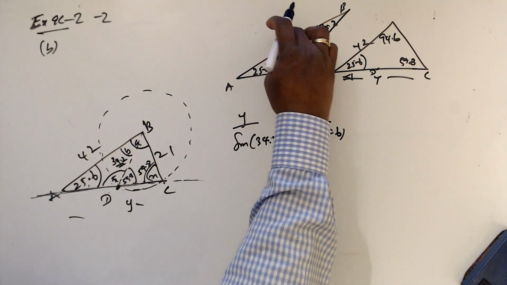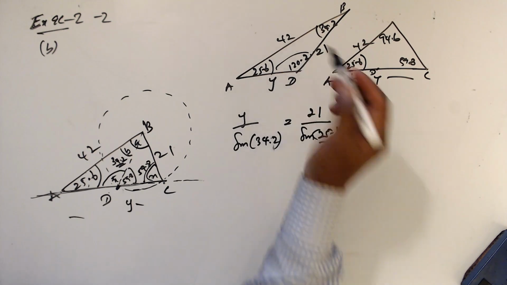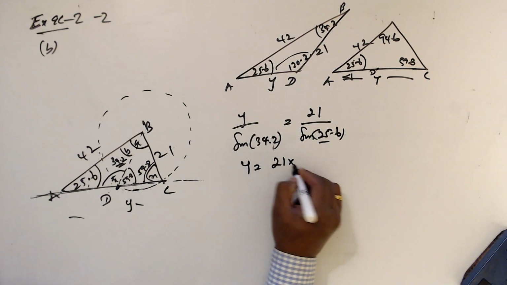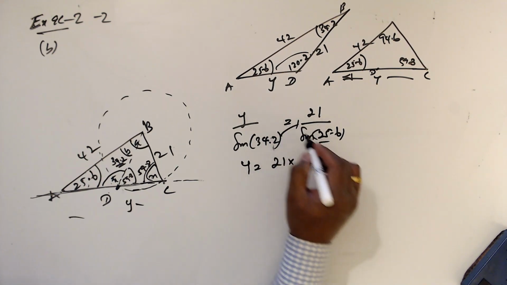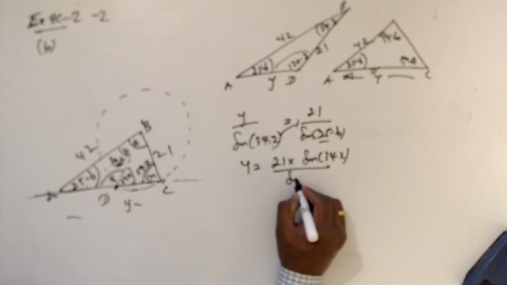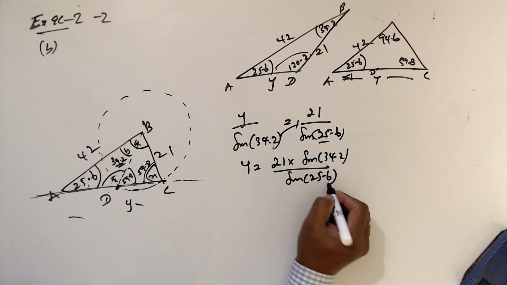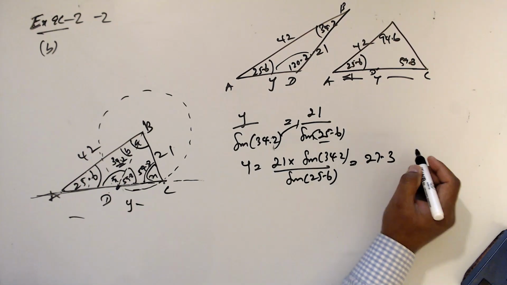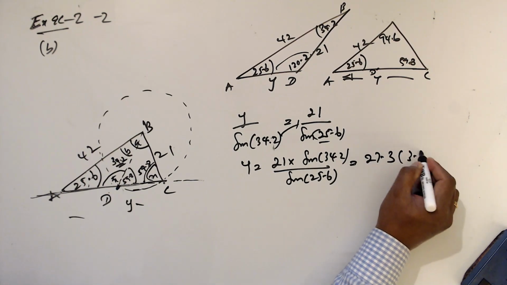You can use this one as well if you want, it's also fine. So then here Y equals 21 times, cross multiply, sine 34.2 divided by sine 25.6. This value is 27.3 to 3 SF.